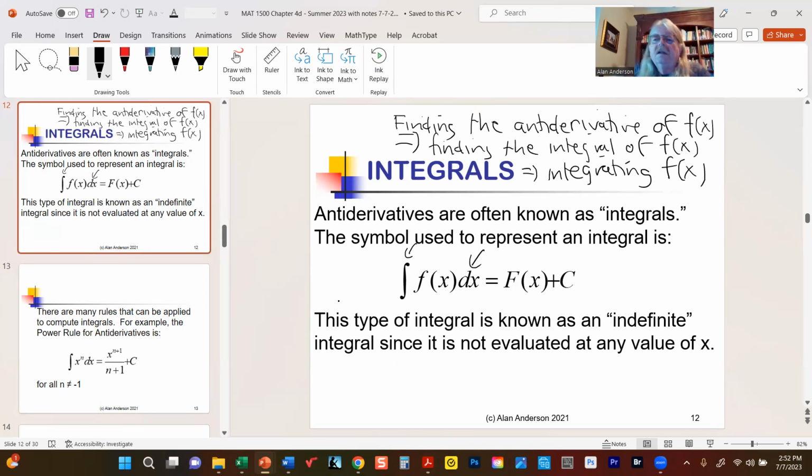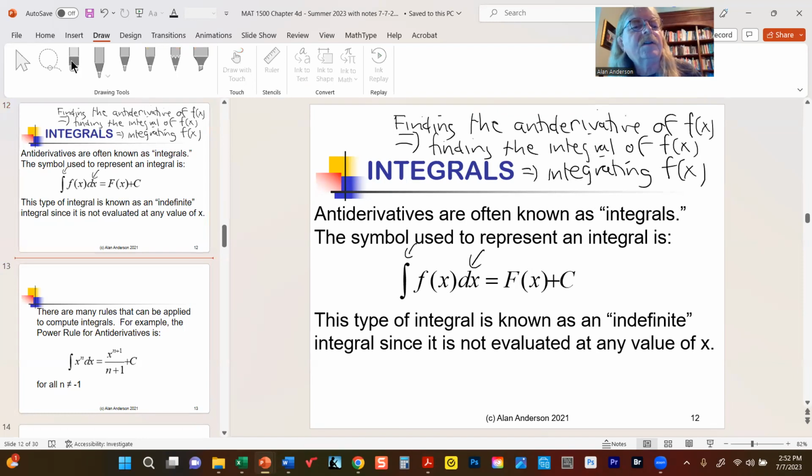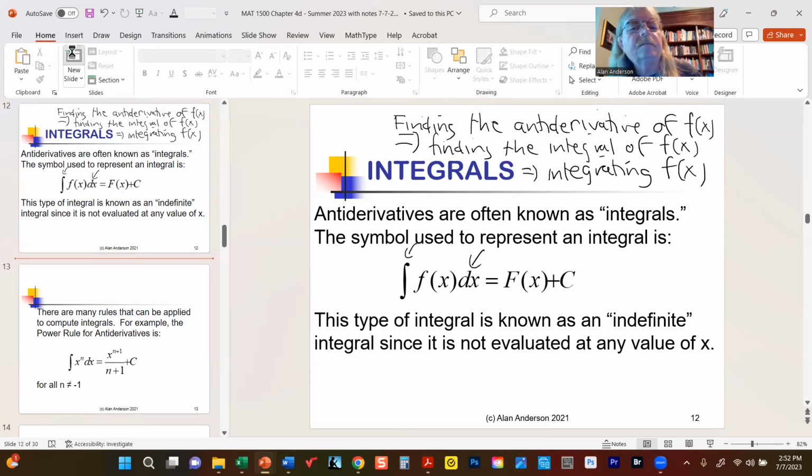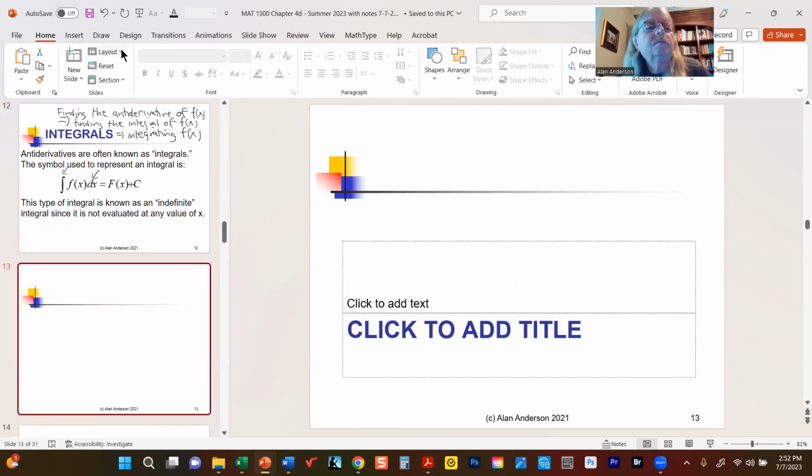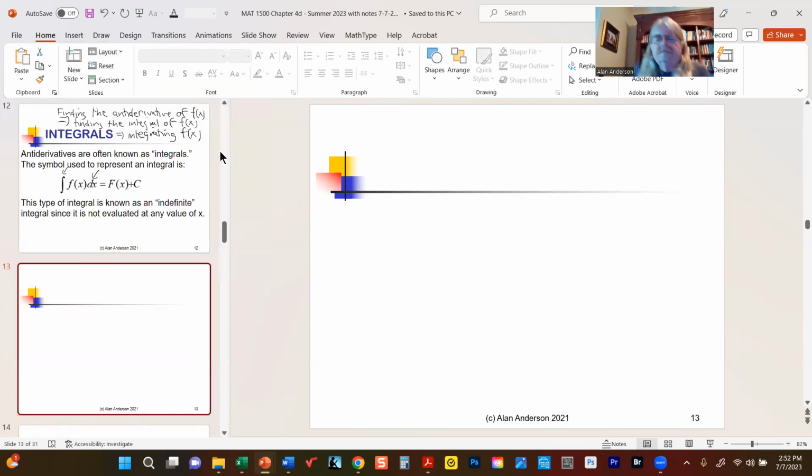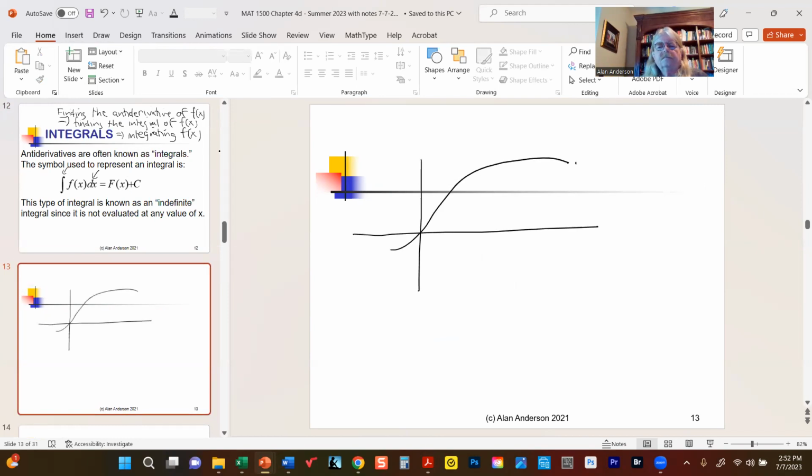It represents what we're basically doing with an integral. Let me just quickly sketch this out for you. We'll get into this discussion in great detail in a few minutes.